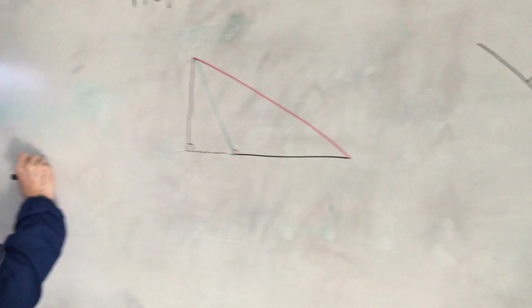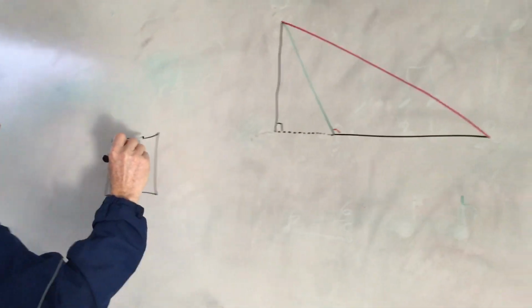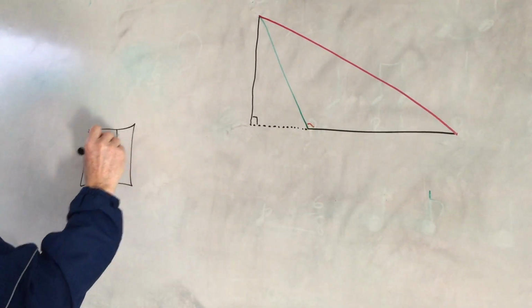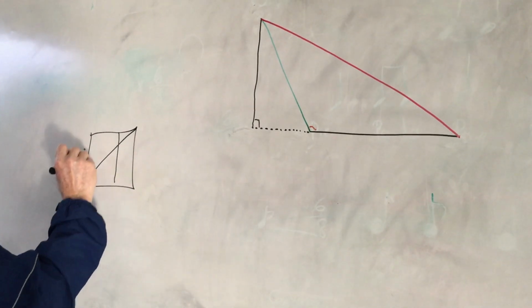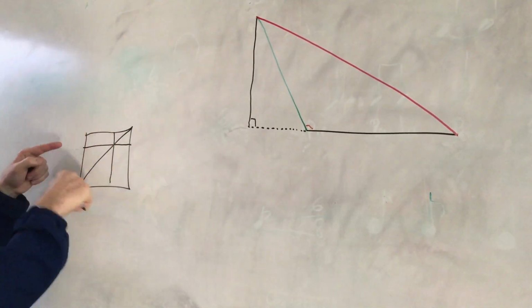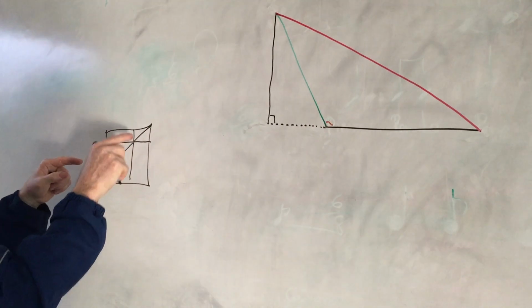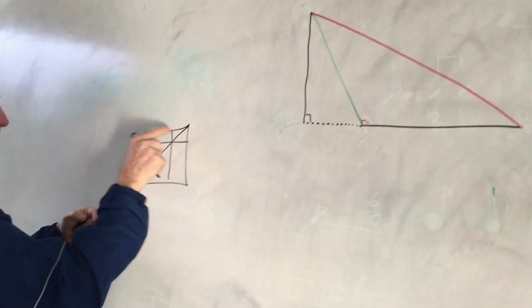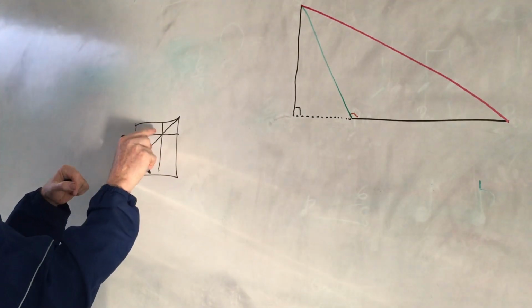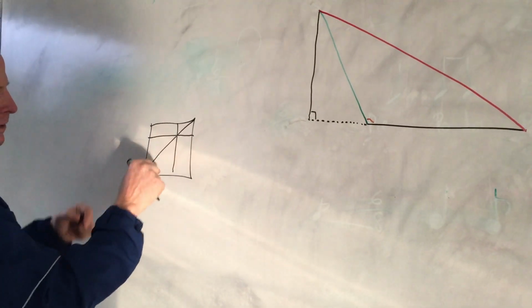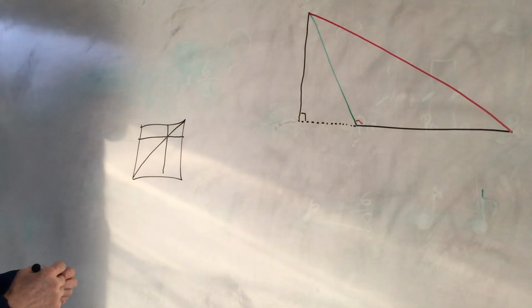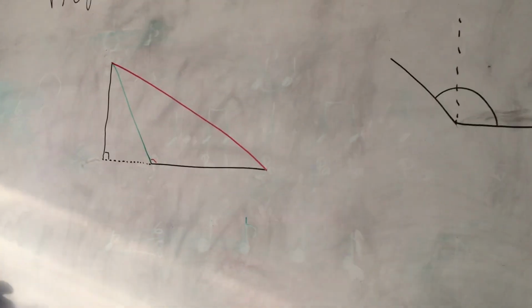It looked like this: cut it, draw the rectangle. The square on the whole line is equal to the squares on the parts, this and this, plus twice the rectangle contained by the parts. You should go look at that other prop.